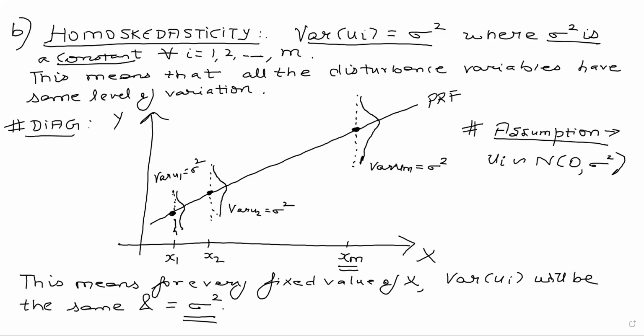Okay, moving on to the third assumption, non-autocorrelation. This is the third assumption about the disturbance variable ui. Now guys, what does non-autocorrelation mean? It simply means that two different disturbance variables are not correlated with each other.